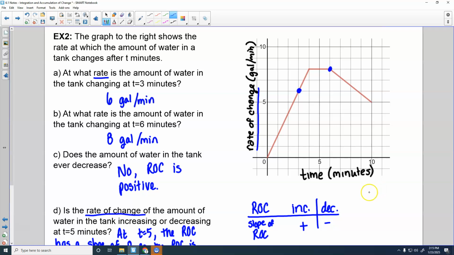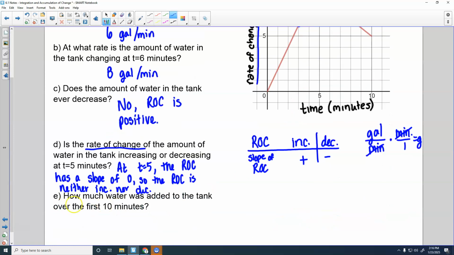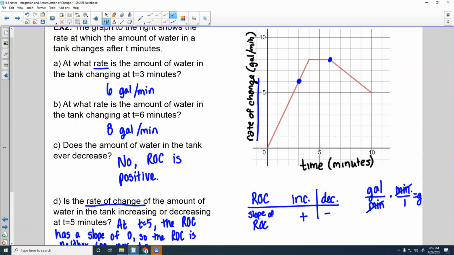And when I multiply gallons per minute times minutes, the minutes cancel, and it gives me gallons. That should be gallons, but I ran out of room right there. So whenever I've got this last one, it says how much water was added to the tank over the first 10 minutes, I can find the area of this shaded region right here.